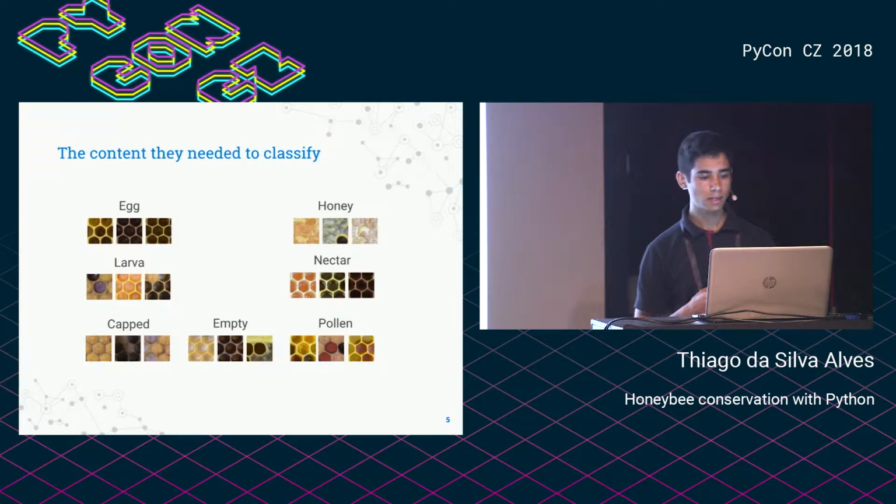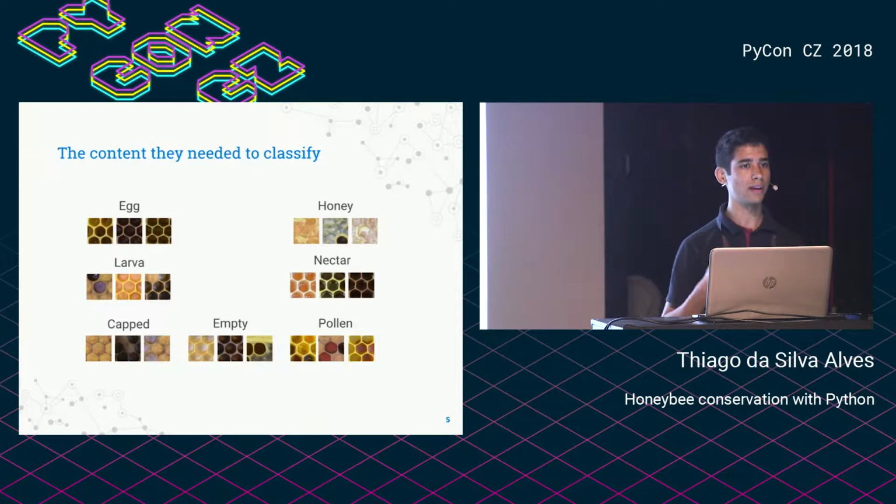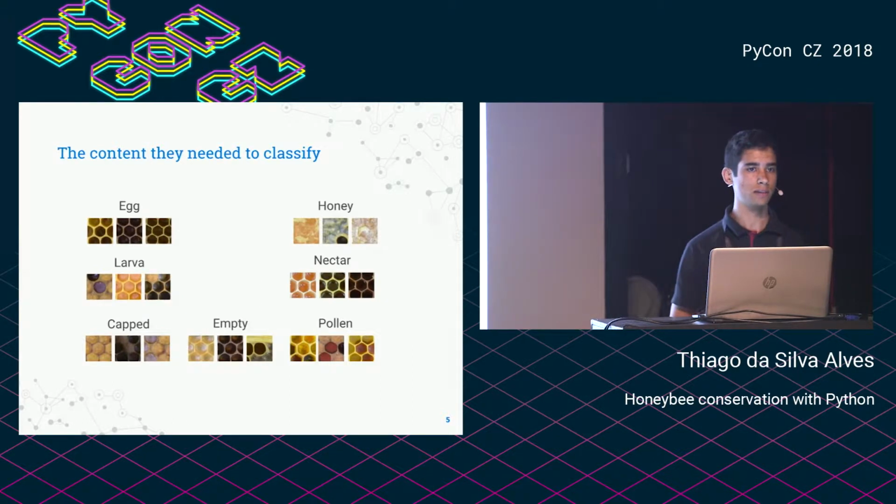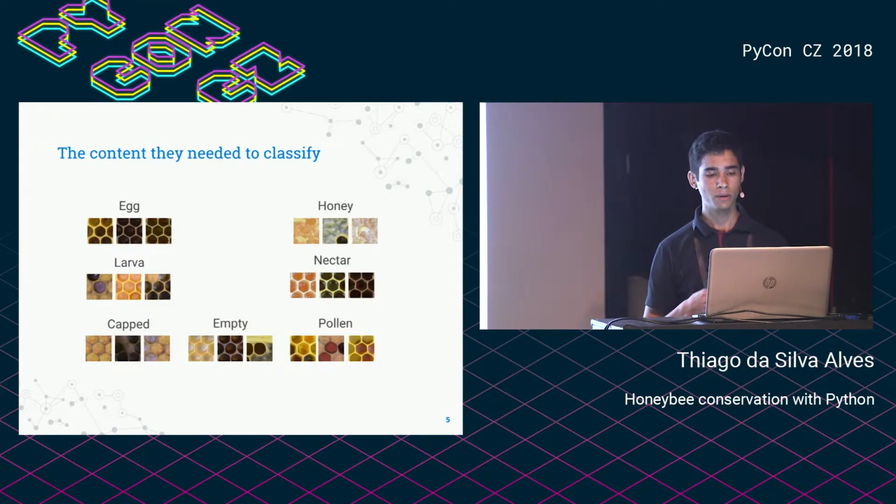So these are examples of the cells that I needed to classify and count. For example, the eggs, larvae, and pupae that are brood cells, empty cells also, and the food cells. They usually need to do this task many times during the year to see how the hives are.